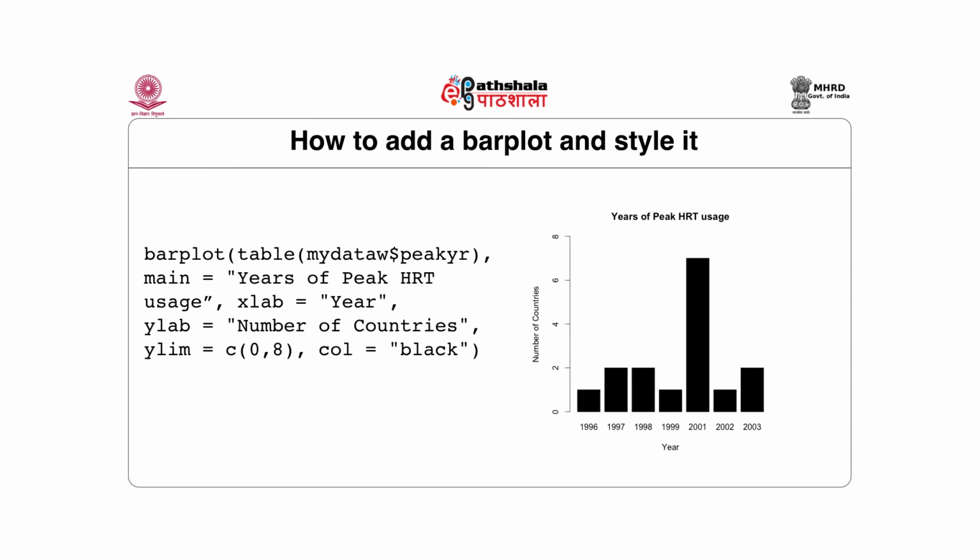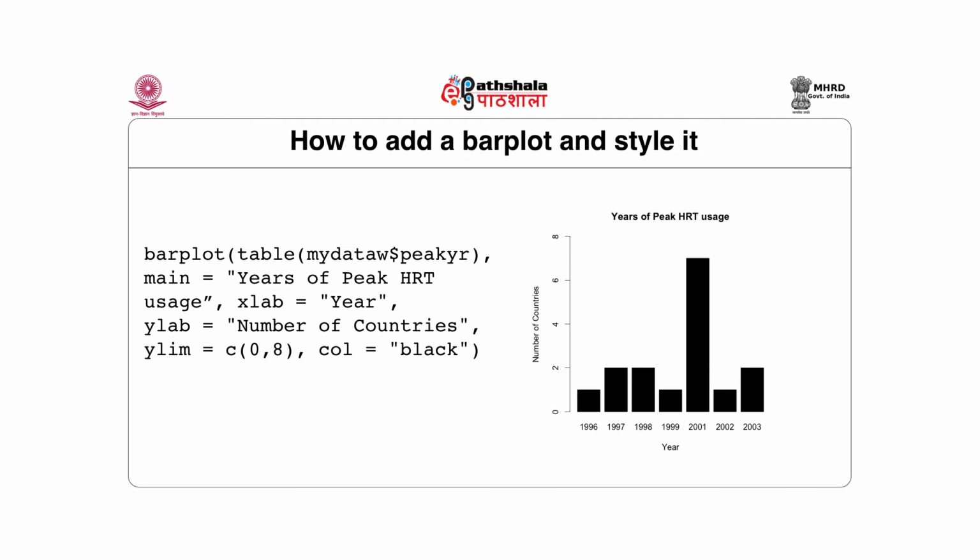Y-lab stands for the label for the y-axis, and that stands for the number of countries that have reached the peak HRT usage in that particular year. So in this particular year, for example, you can see that in the year 2001, most of the countries that were present in this particular data set had reached this case.